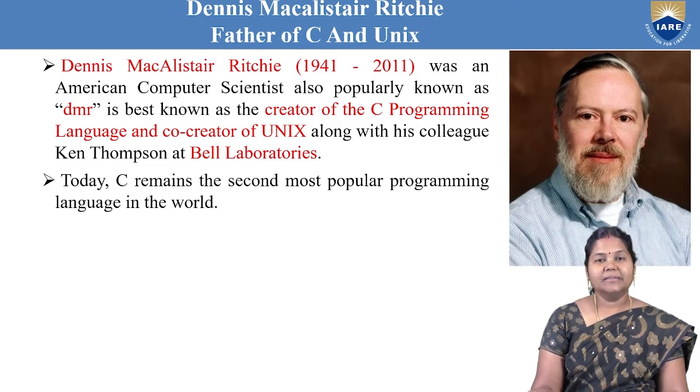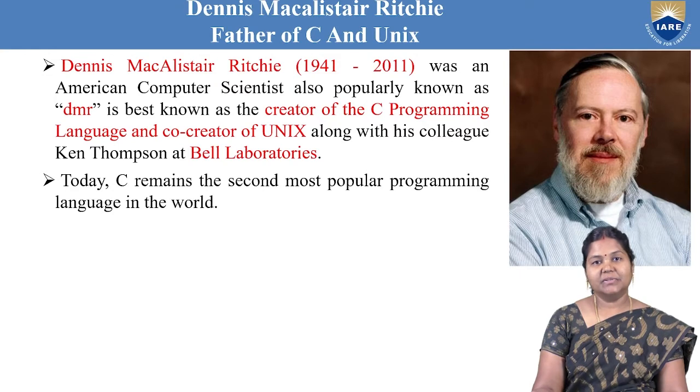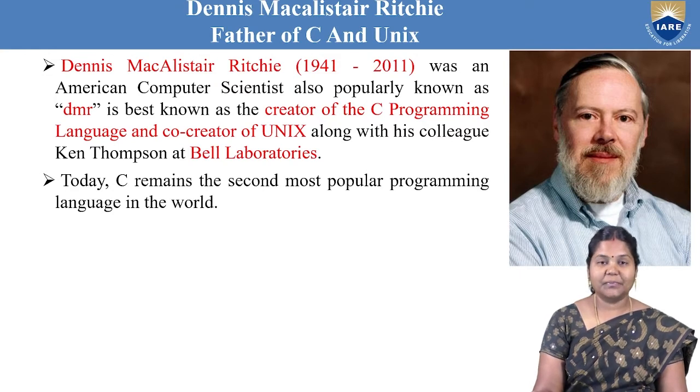Dennis Macalistair Ritchie, popularly known as DMR, is best known as the creator of the C programming language and the co-creator of the Unix operating system. He started working on this language in Bell Laboratories, USA. Till today, C is used as the second most popular language in the world.